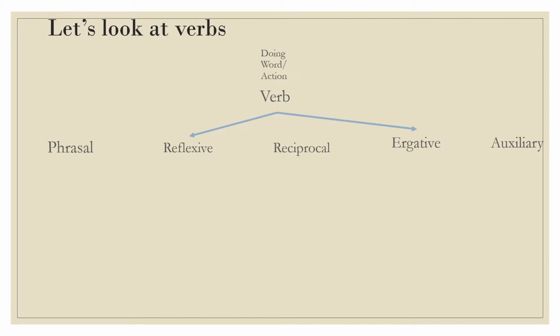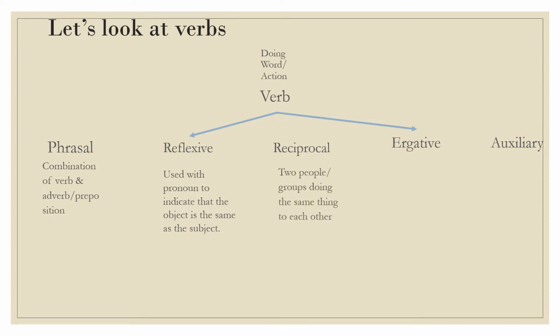So verbs have many different kinds, just like a noun. We get phrasal verb, which is a combination of an adverb and a preposition. Once again, I want you to write these down. Reflexive, which is used with a pronoun to indicate that the object is the same as the subject.